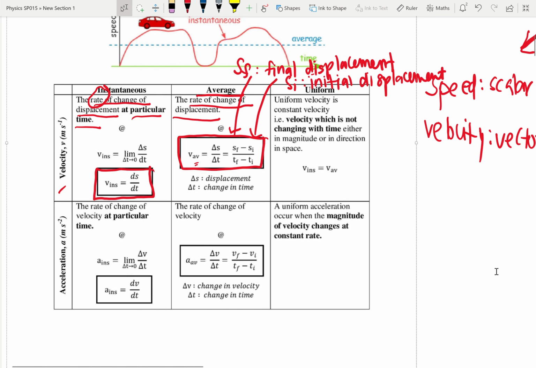And tf is the final time and ti is the initial time. So this is the definition of average velocity.